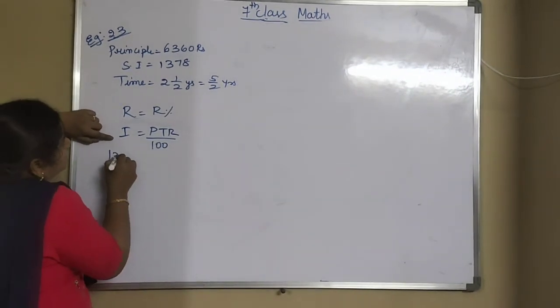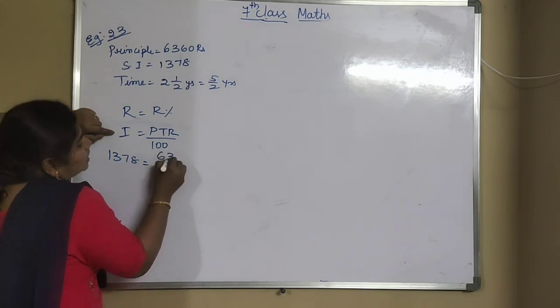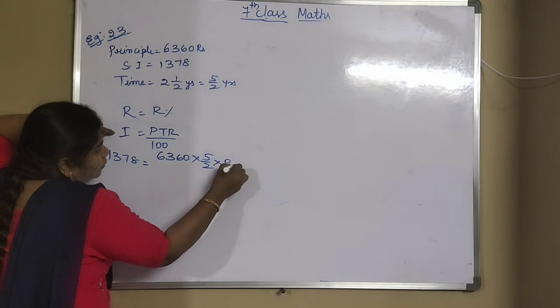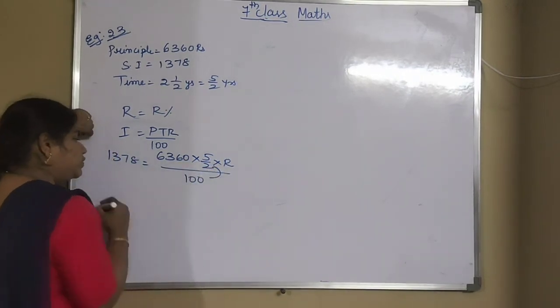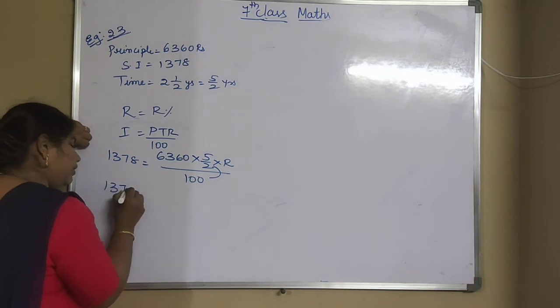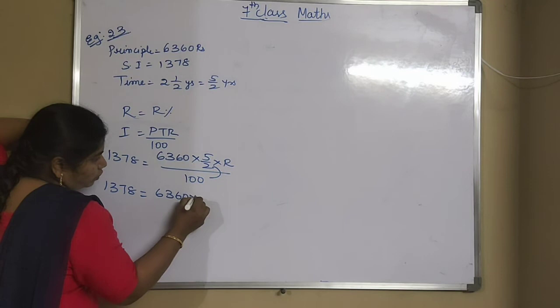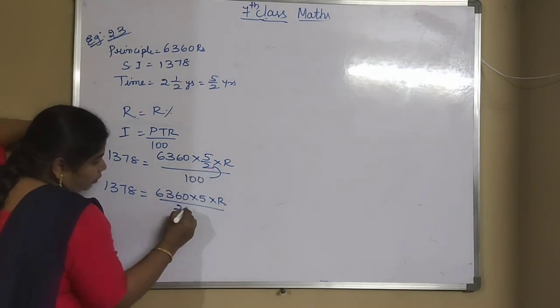That is 1,378 is equals to principal 6,360 into time 5/2, into rate of interest R, by 100. Now you multiply these two. 1,378 is equals to 6360 into 5 into R by 2 into 100, which will be 200.